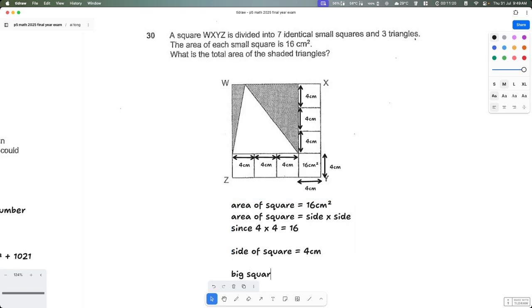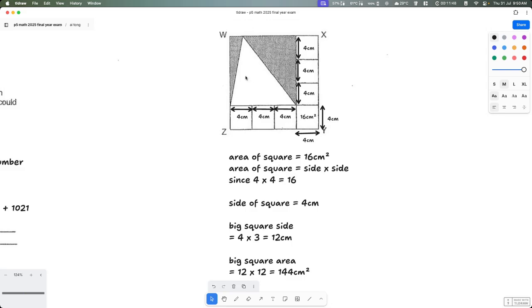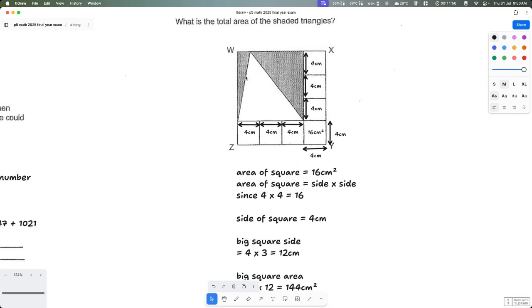The big square side is equal to 4 times 3, which is 12 centimeters. So the big square area is equal to 12 times 12, which is 144 centimeters squared. So we know that this whole big area is 144 centimeters squared.